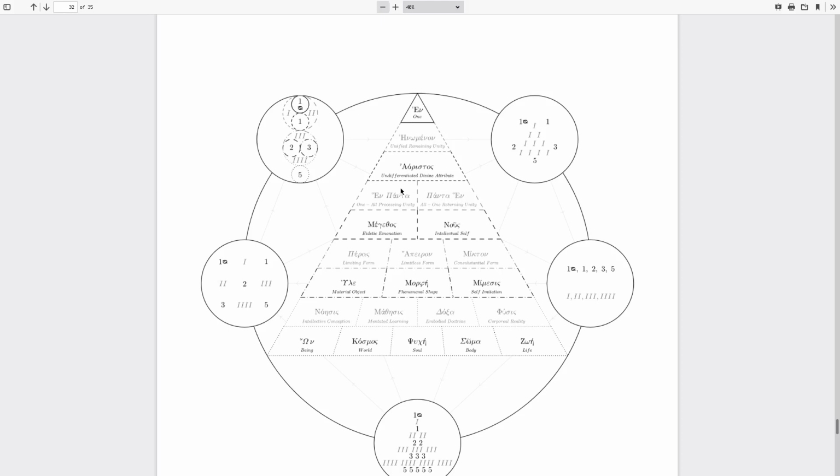But this is more like a godhead thing, and this is like God, so to speak. I'm not trying to get too literal, okay?